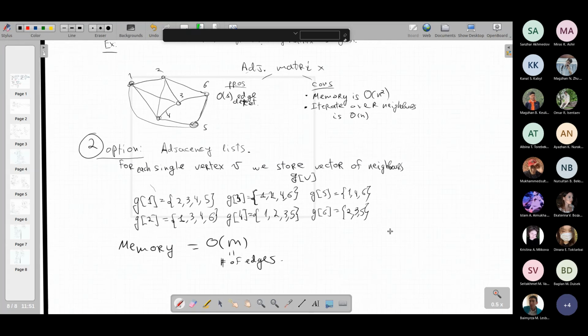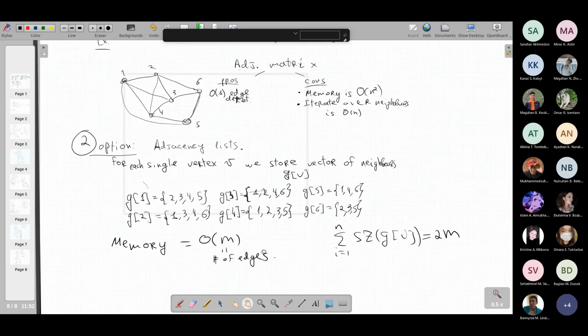In reality, the sum of the sizes of G i, i from 1 to n, is exactly equal to 2m.